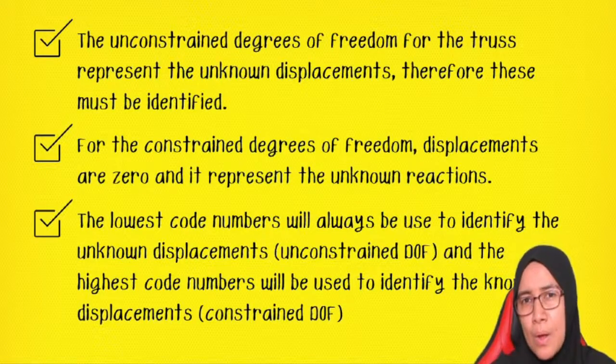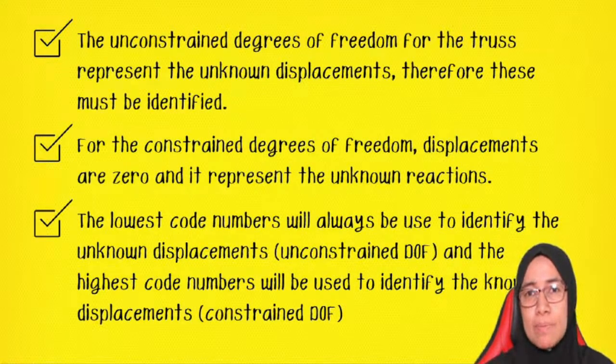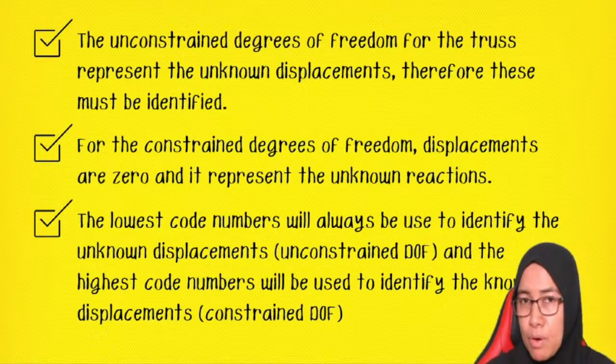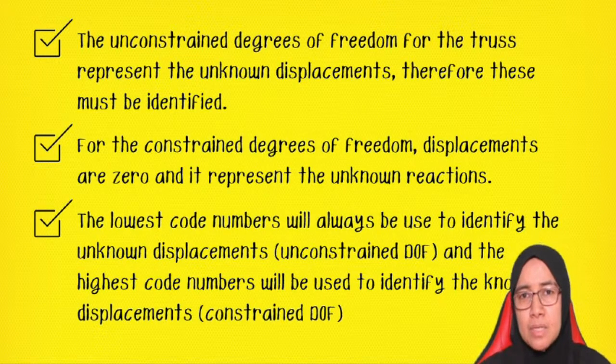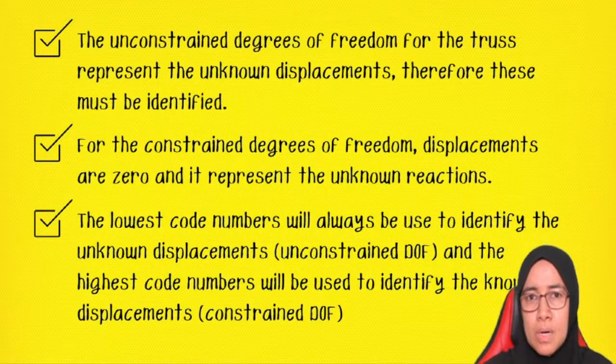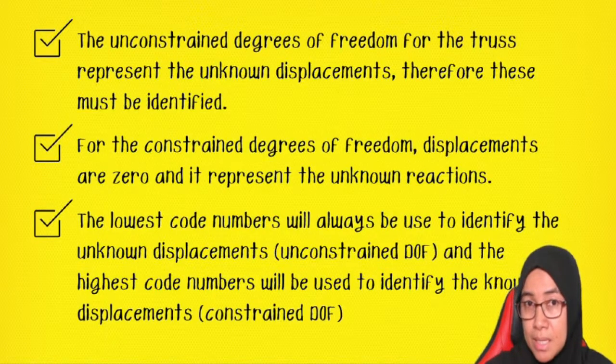So constrained degree of freedom refers to support condition, pin or roller. At support, displacements are 0. And what happens at the support? There are unknown reactions. So that is why we have to label the unknown displacement first: D1, D2, D3.